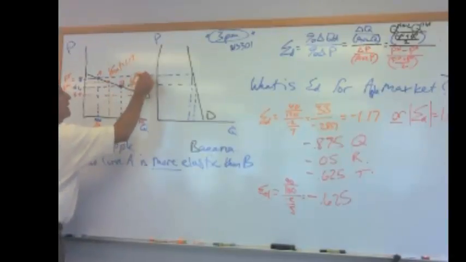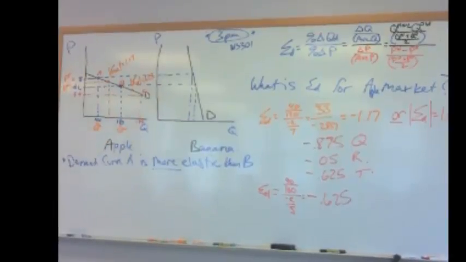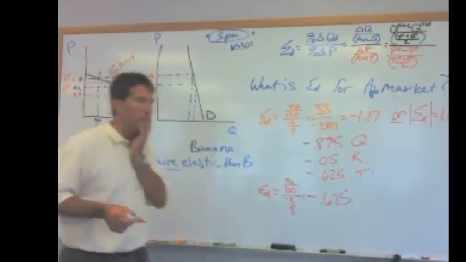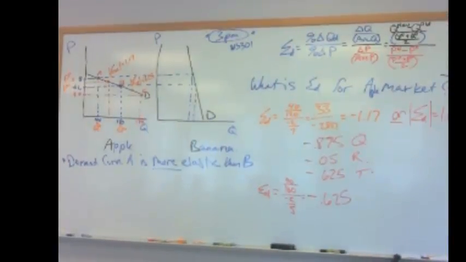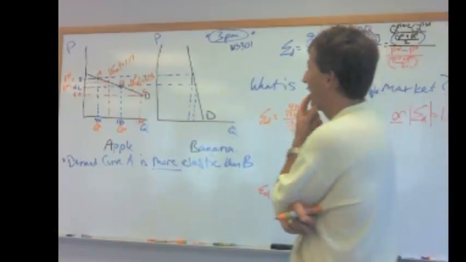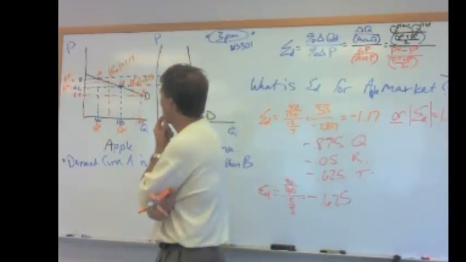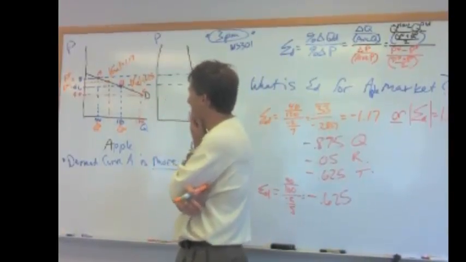So we're supposed to find what it's pointing at? No, nope. We're not going to find it anywhere. We just learned ourselves a valuable lesson here, that the elasticity of demand is different than the slope of the demand curve.